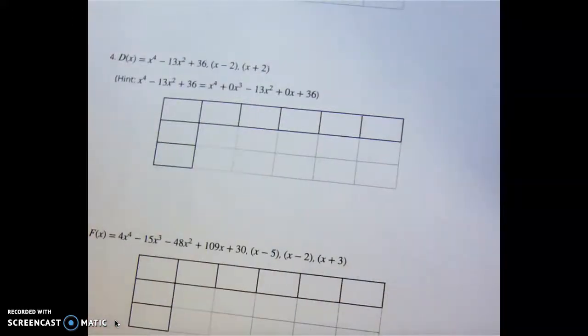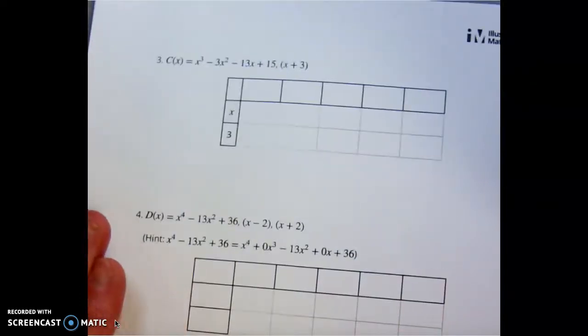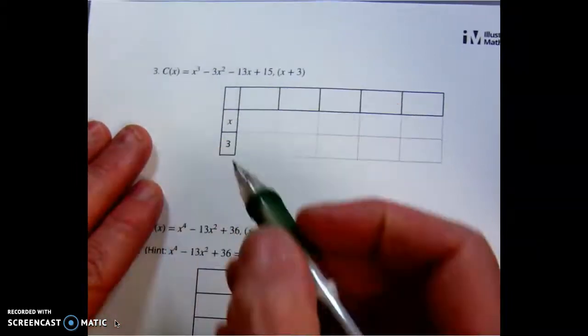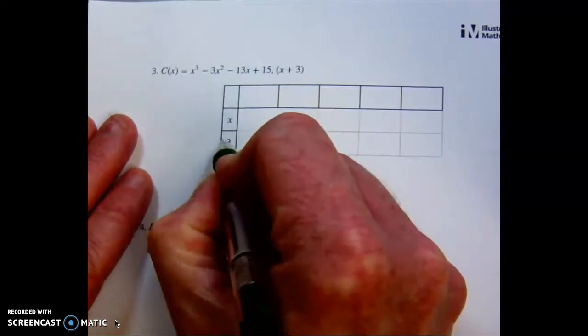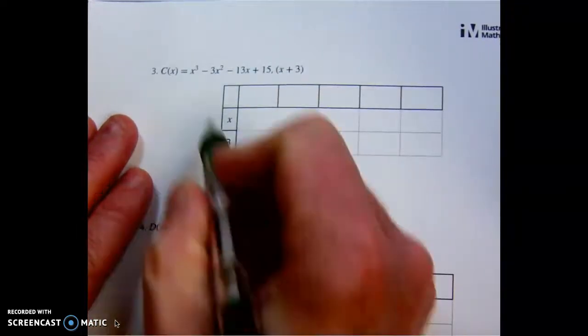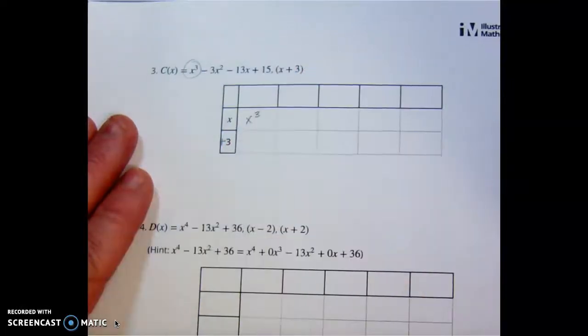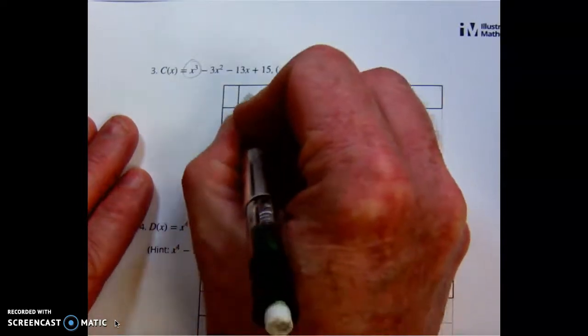All right, so let's go to number 3. We're going to try this again. Same idea. So this time they didn't put anything in for us. So we're going to put our factor down the side, x plus 3. We're going to put our first number in. That's our x to the third power. So now we can take an x off, and that gives me x squared.